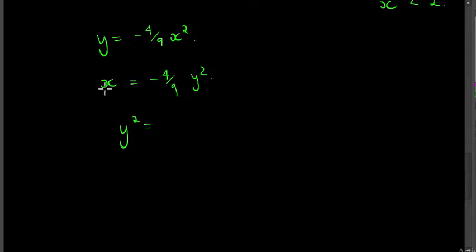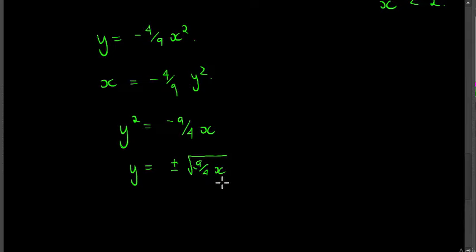To get rid of this, I must divide on that side, but for a fraction it just turns it around, so it becomes -9/4 x. Then y is equal to, I take the square root on both sides, plus or minus the square root of -9/4 x.